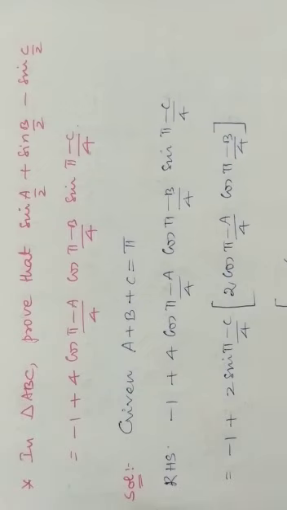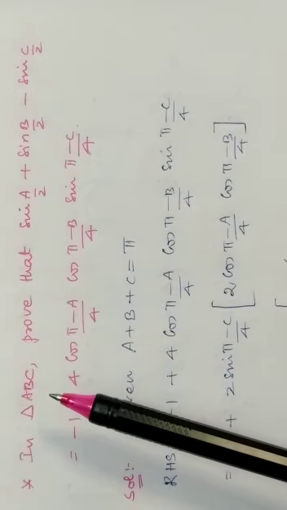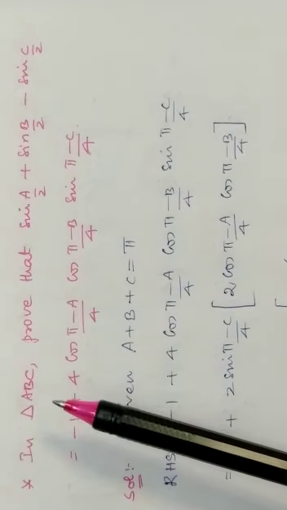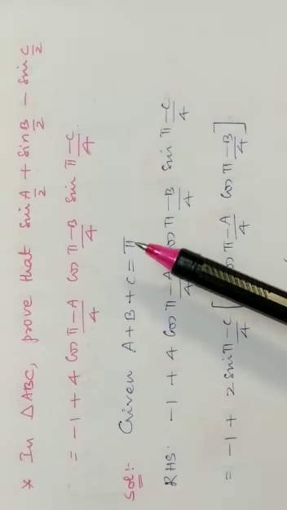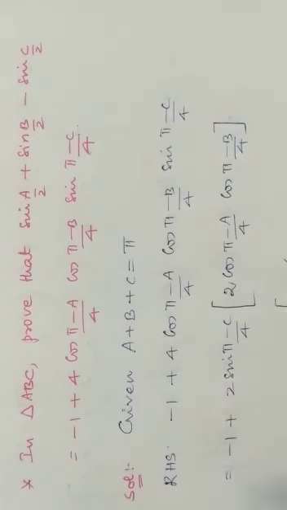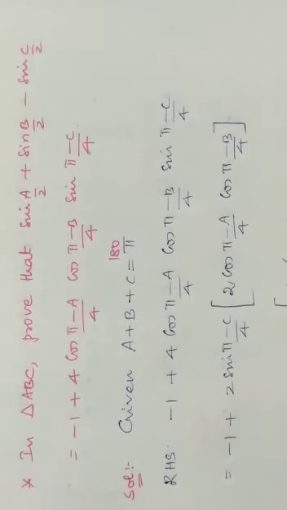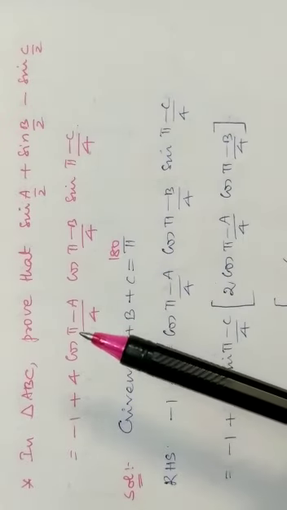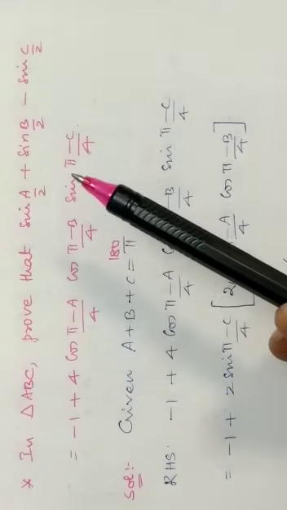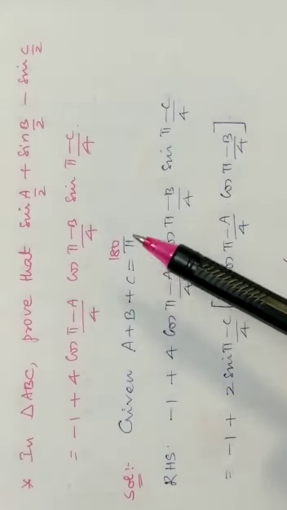Solution. In triangle ABC, the sum of the three angles is 180 degrees. So given A + B + C = 180, but in the place of 180, I have written π, because in the RHS we see π.